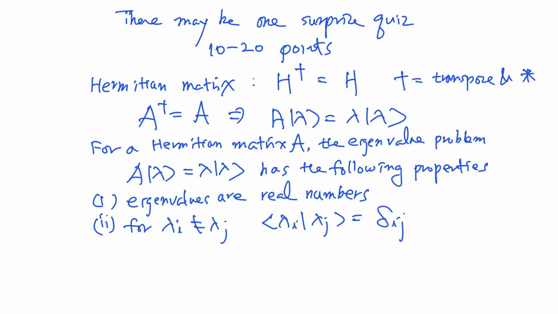So this is the Kronecker delta, right? We studied this. This is 1 when i is the same as j, and 0 when i and j are different. So just in case, let me write it down. Delta ij is 1 or 0 when different. This is called the Kronecker delta.